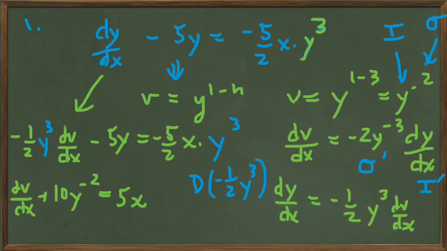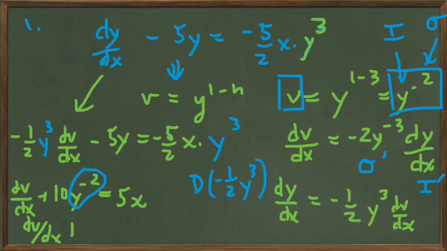So it looks like we may be in a jam because we've got this third variable, y to the minus 2, in this term, and we want to convert everything to the variables v and x. But remember that we had let v equal y to the minus 2, and so if we rewrite the differential equation with that substituted in, we've got dv dx plus 10, and then the y to the minus 2 is just v, and that equals 5x.